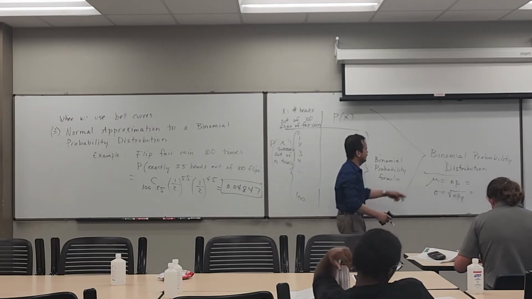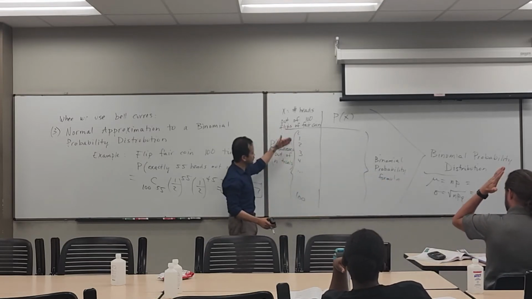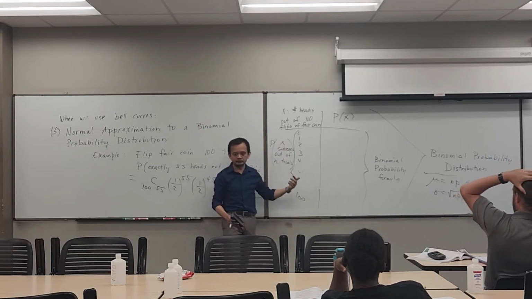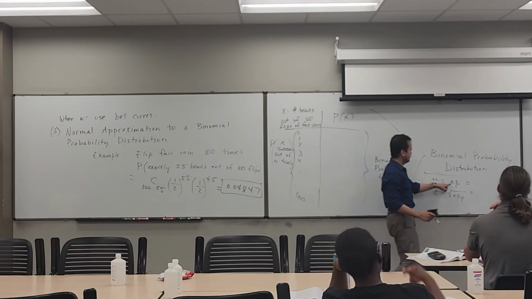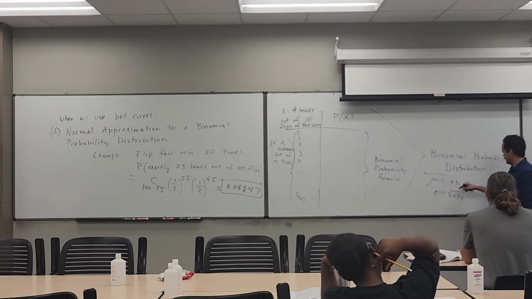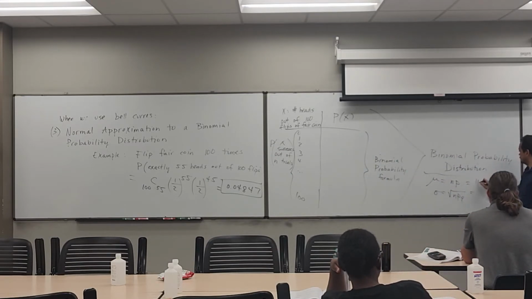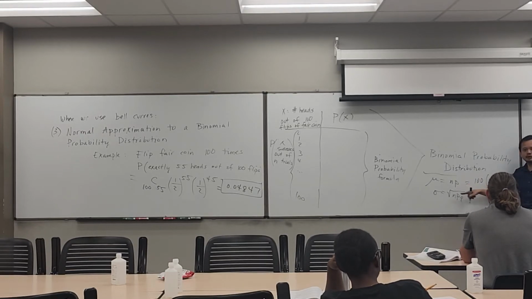So in this case, what's the mean number of heads that you should expect to observe if you flip a fair coin 100 times? 50. 50, good. And the way that we get that 50 mathematically is n, which is 100 flips, times p, which is the probability of heads per flip for a fair coin, 0.5. So the mean is 100 times 0.5, which is 50.